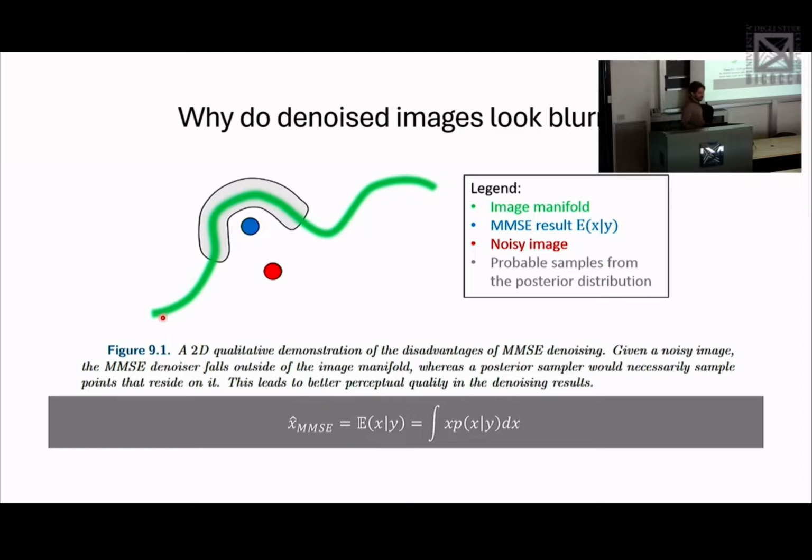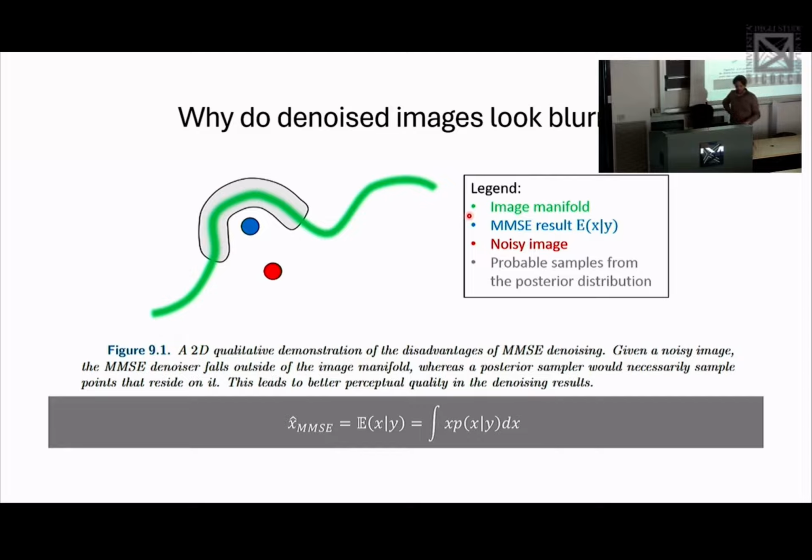However, let's assume that for 2 pixels of my images, the green line is the line where the true natural images lie on. This is an example for a 2-pixel image, whatever that might be. So if I want to recover a true image, a natural image, the 2 pixels must be exactly along this green line.